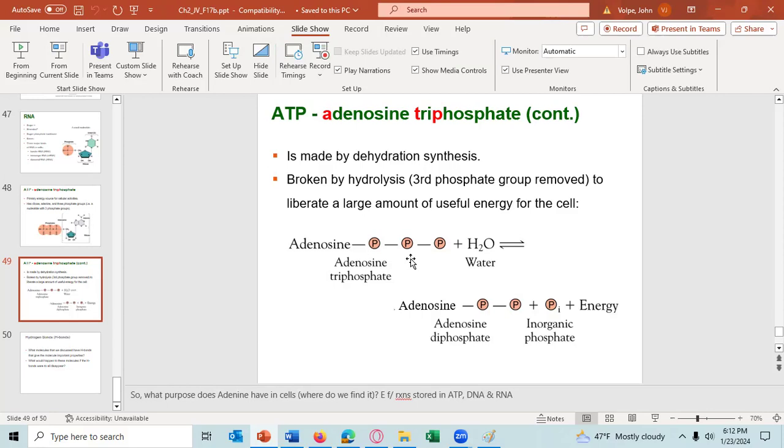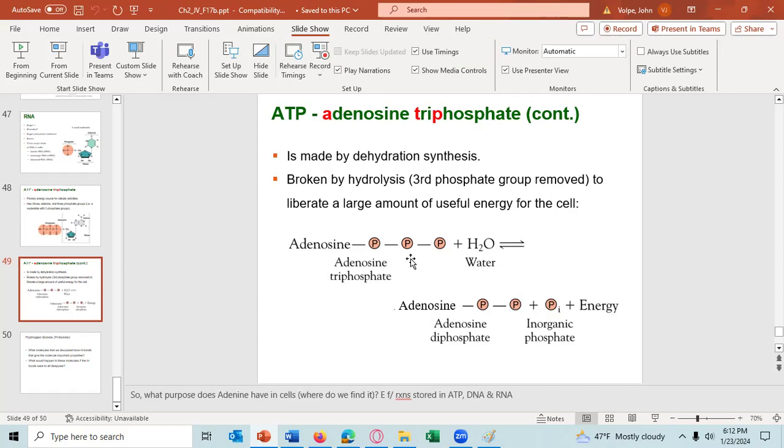So remember, ATP is what the cells use when they need energy. We can call ATP the energy currency in cells. Whenever you go to a store and you buy something you need, you exchange currency for what you're buying, and the cell will use ATP for its energy currency.